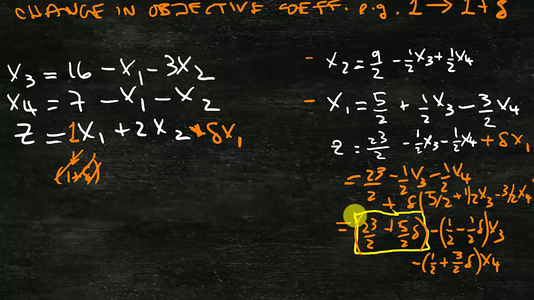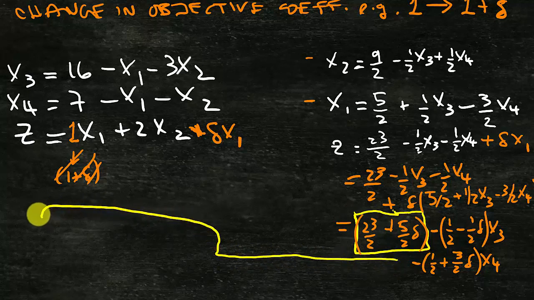That's one immediate result, and the other result is that for this solution to remain optimal, we have to have that, well, perhaps I should stick to my convention here.